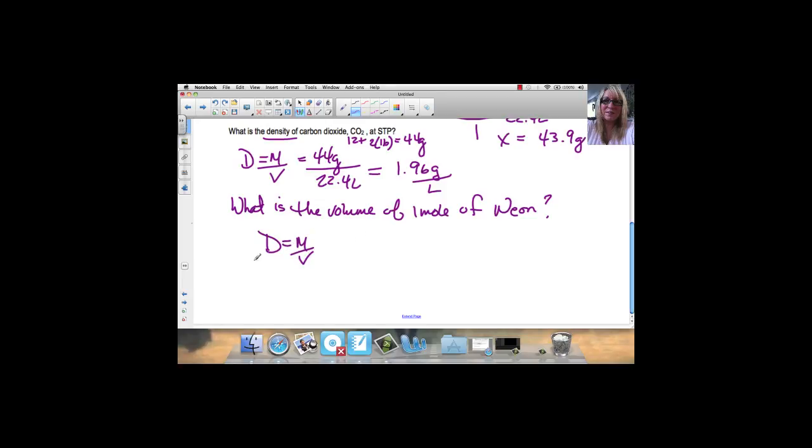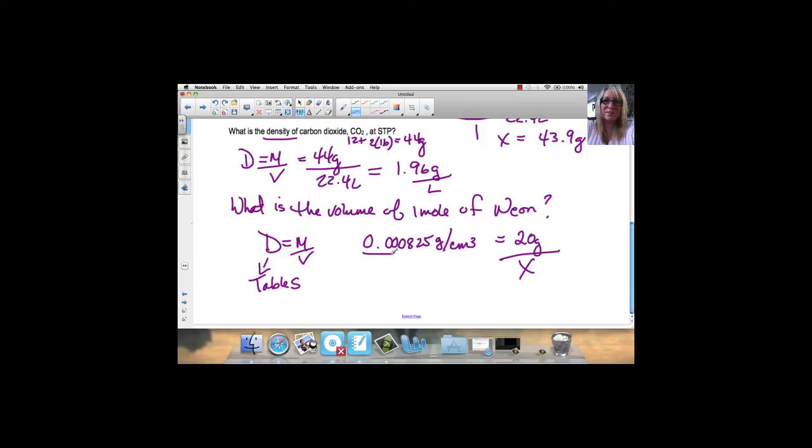So if you look up density, go to Table S, and the density of neon in Table S is 0.000825 grams per cm cubed, equal to mass. Okay, what's the mass of neon? The mass of neon is 20 grams over the volume.